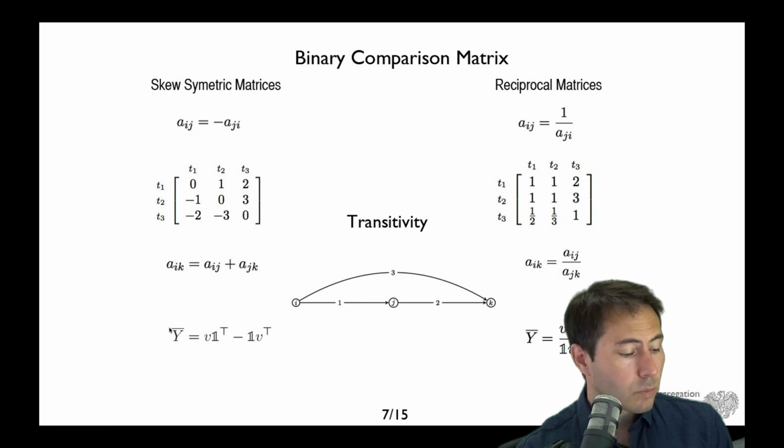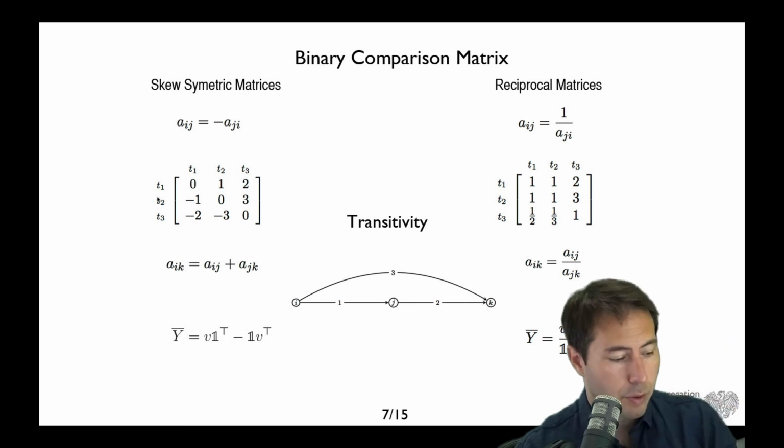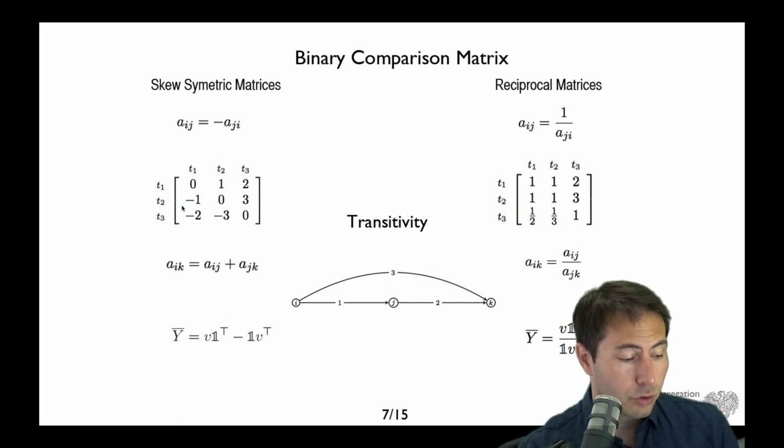Now note, we can construct this y hat on the left-hand side from the vector v. The vector v is the single user vector. Remember that first matrix, we take that one expression, item 1 is better than 2 is better than 3. We take that single vector v, and we can multiply it by a column or row vector of all ones, and do a subtraction.